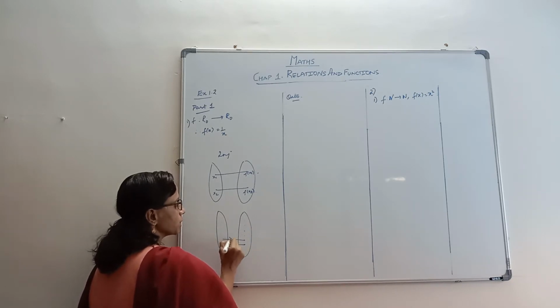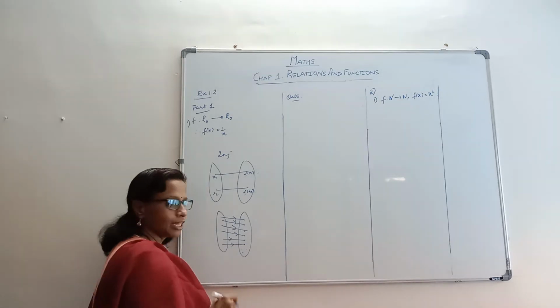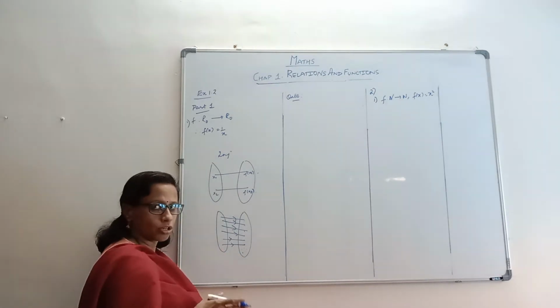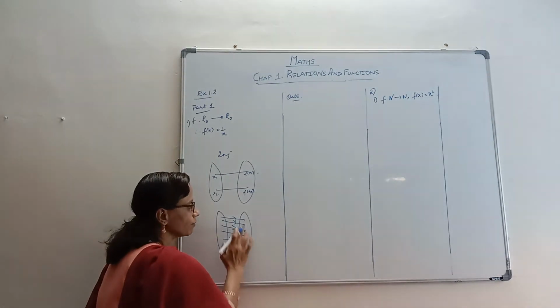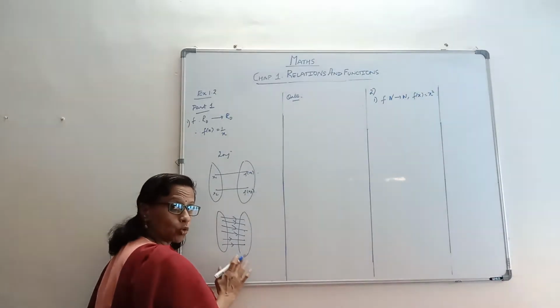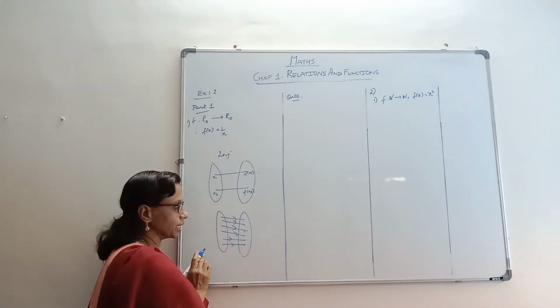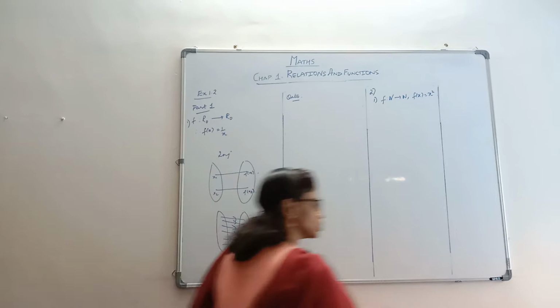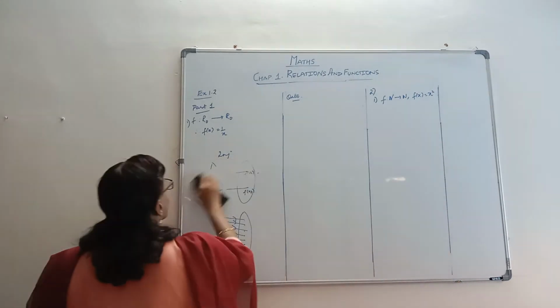It will always have a pre-image. You will not have any unrelated elements here. So if at all it is like this, then it's not onto. There will be no unrelated. Every element that is there in the codomain will have a pre-image. That is the meaning.